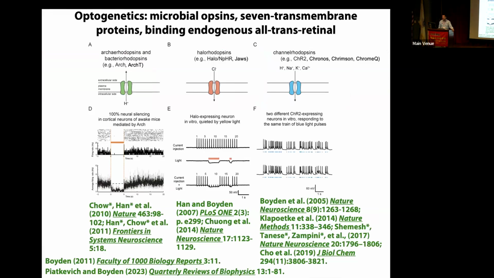Flash forward to the current day, what we found, and our colleagues have found, is that members of all of these can be identified that are safe enough, fast enough, and powerful enough to work in delicate neuronal environments. So when Brian Chow and Xue Han worked with me, we found that certain light-driven proton pumps could be brought into brain cells through genetic delivery. The brain cells express the proteins, and you could shine light of the right color, green or yellow, for example, and pump protons out of neurons to shut them down.